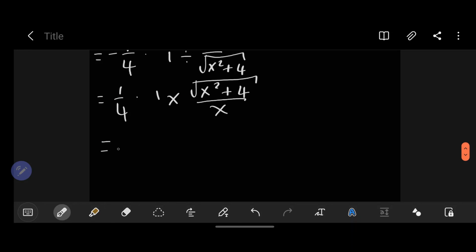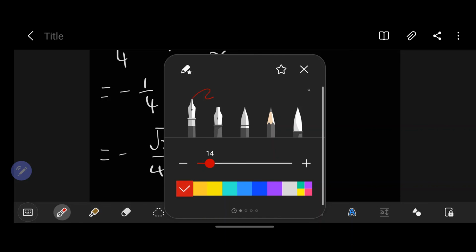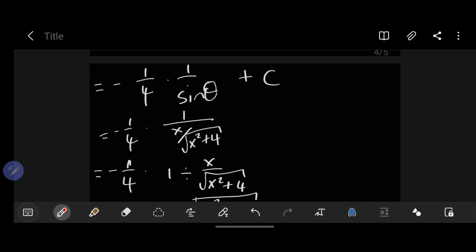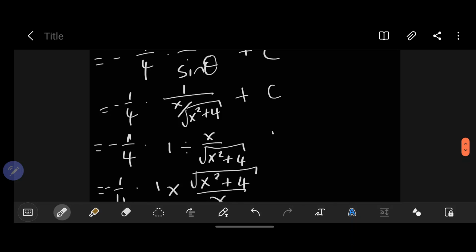So now I have, why do I keep forgetting the negative? Negative 1 over 4 times the root of x squared plus 4 over x. So therefore I have negative root of x squared plus 4 over 4x, and that's my antiderivative. Oh, and sorry, I forgot to add a plus c right there, so make sure you've got plus c.